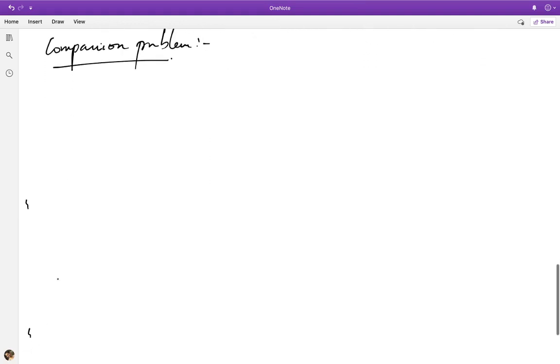Let me create some more real estate here. Yes. So I have dou u hat by dou t is, I'm now going to write it as e to the power I rwt. So I've replaced sine rwt as e to the power I rwt here.